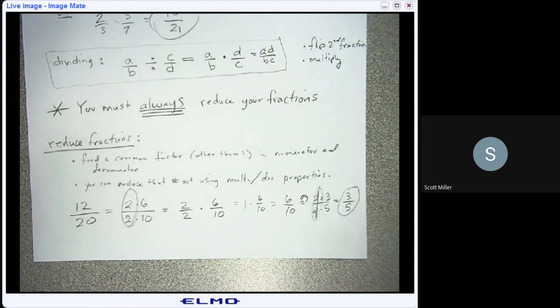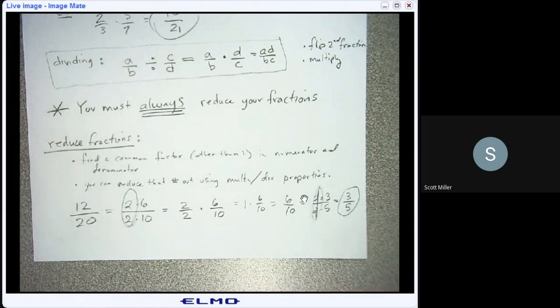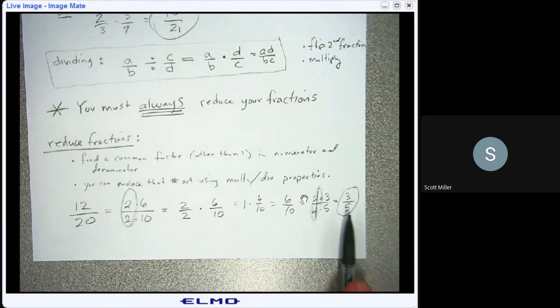So the whole concept of reducing is finding that number that can turn into the 1. And then whatever's left over is your simplified version. And you keep on going until you can't find anything other than a 1. So there's no number that's in both 3 and 5 except the number 1. This answer is reduced. This is the simplest reduced form.